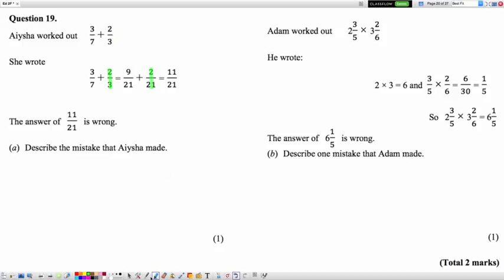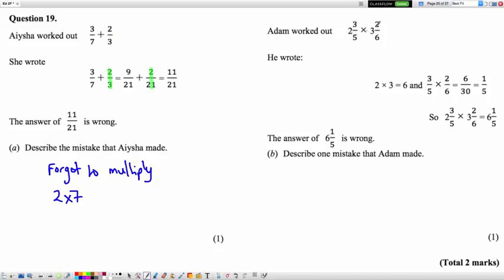She forgot to multiply her 2 here by 7, because that's what she did to her denominator. So she forgot to multiply 2 by 7, the numerator by 7.